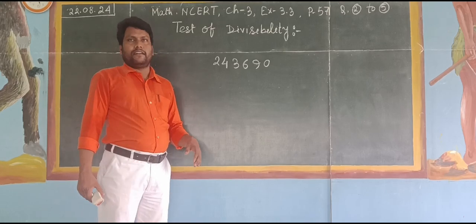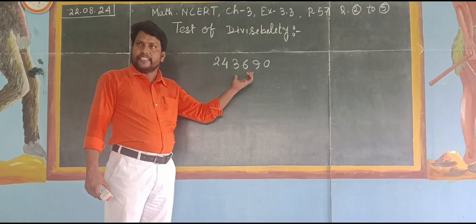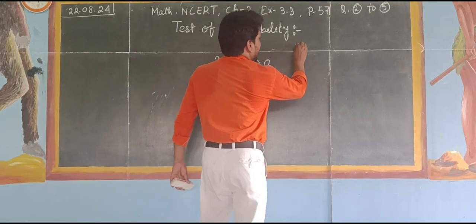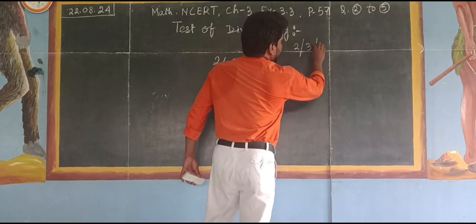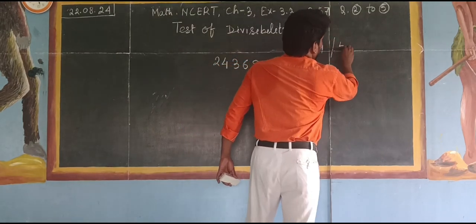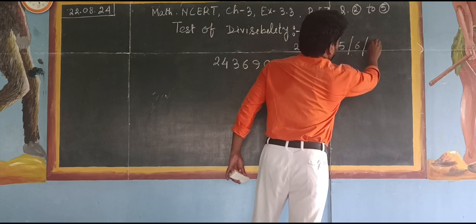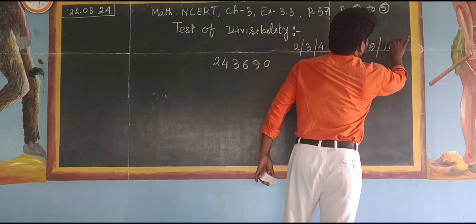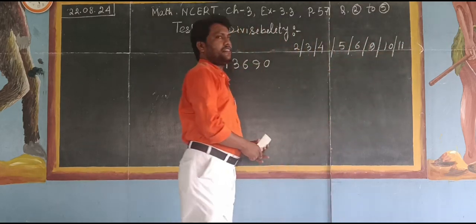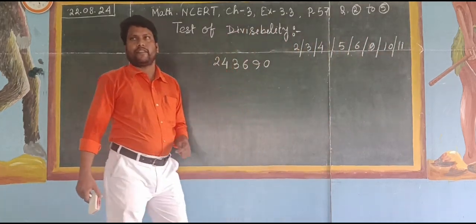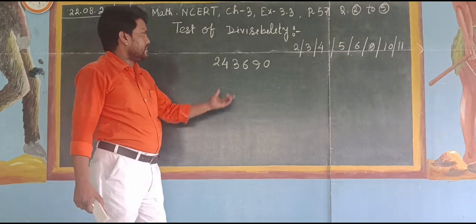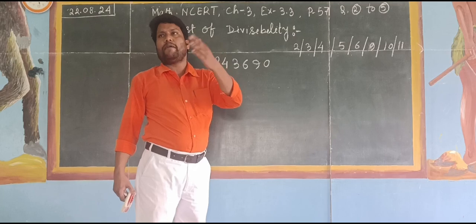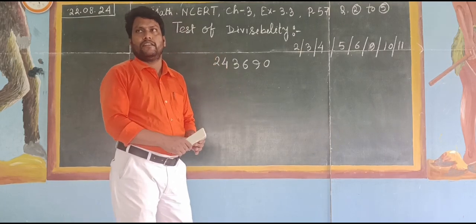How will you understand that this number can be divisible by 2 or 3 or 4 or 5 or 6, or in your syllabus 9, 10 or 11? These are under your syllabus. How will you understand that the number is divisible by 2? I am telling one by one, then I will go to the exercise.